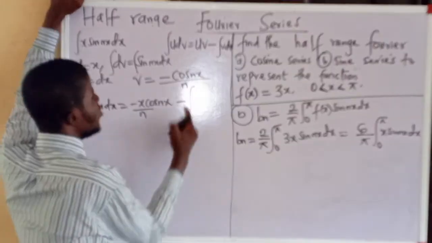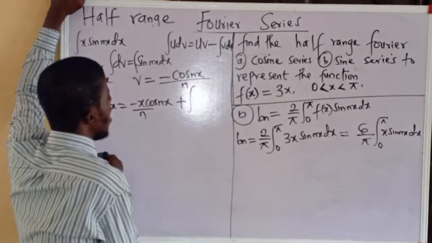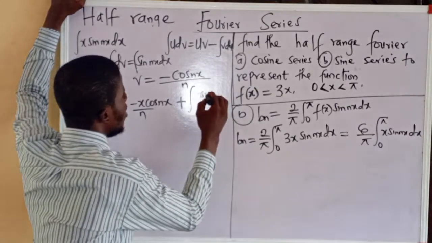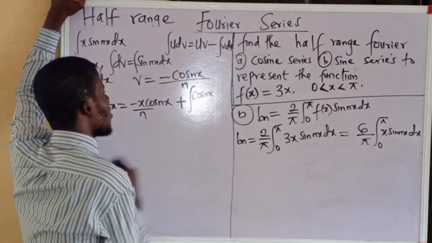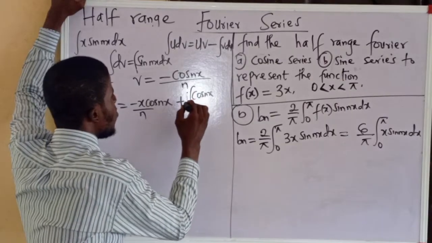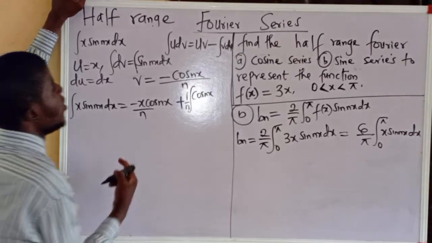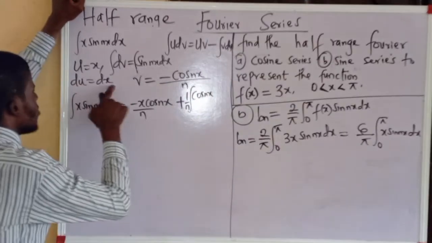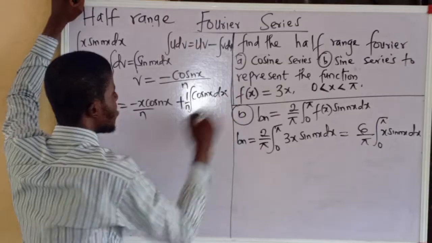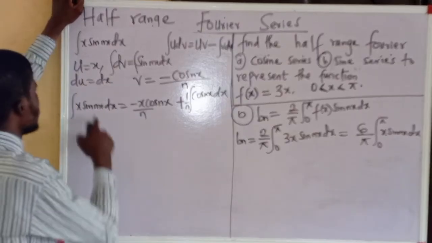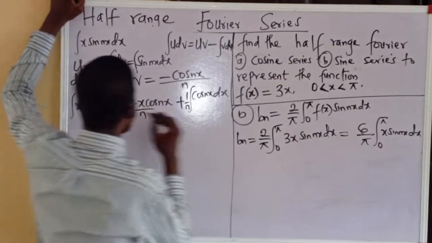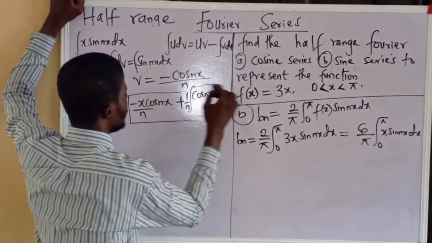This minus will come outside to affect this one to give us a plus, so we will have just cos nx over n. The 1 over n can come out, and du is dx. So in place of this, we are going to write this.